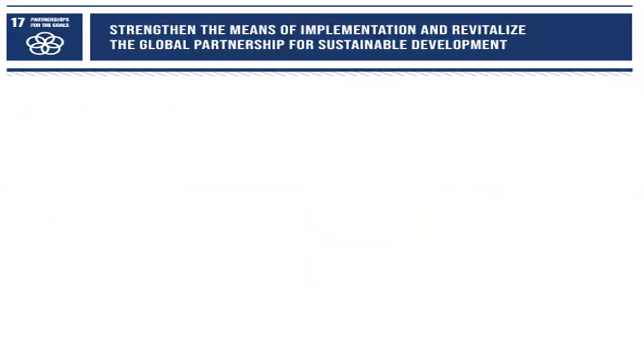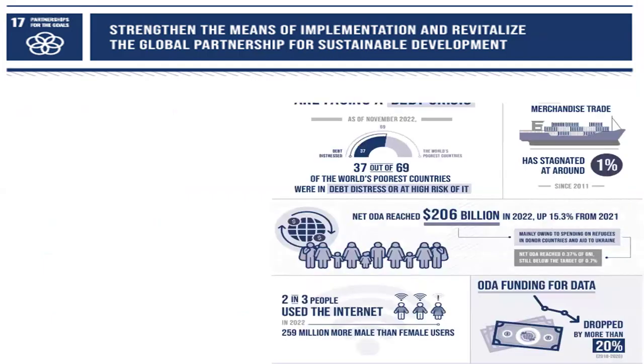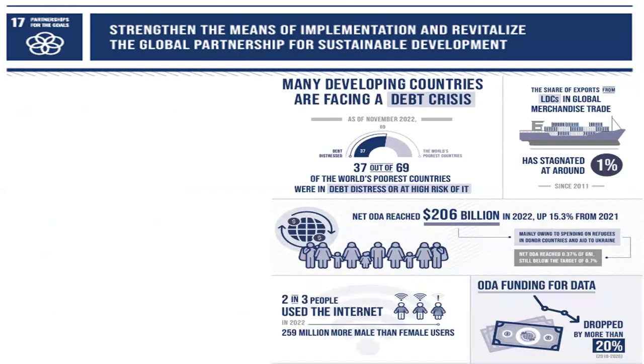Finally, we have SDG 17, partnerships for the goals, to strengthen the means of implementation and revitalize the global partnership for sustainable development. Many developing countries are facing a debt crisis. Two in three people used the internet, and in 2022, 259 million more males than females were users.